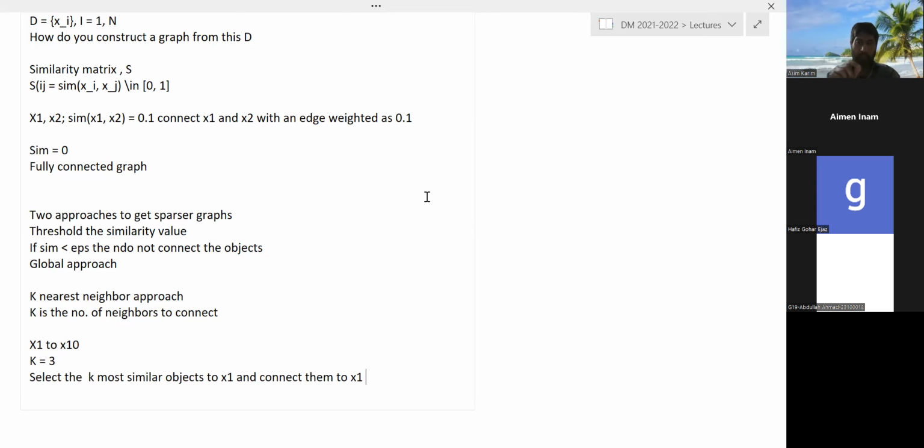Degree, by the way, is the number of edges that connect or point to a particular node or vertex in the graph, as we're mostly talking about undirected graphs. So when k is 3, all nodes would have a degree of 3. And if you have 10 objects in a data set, there will be 7 links dropped per node.